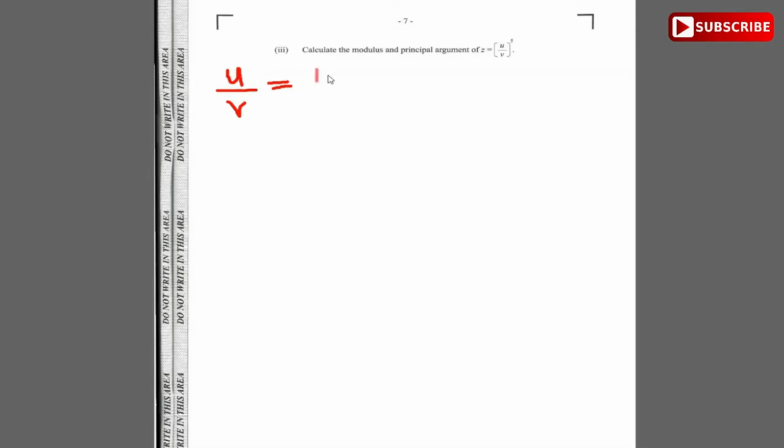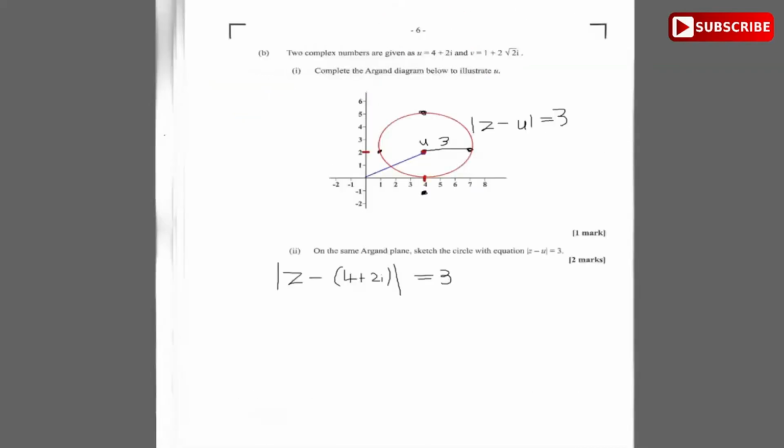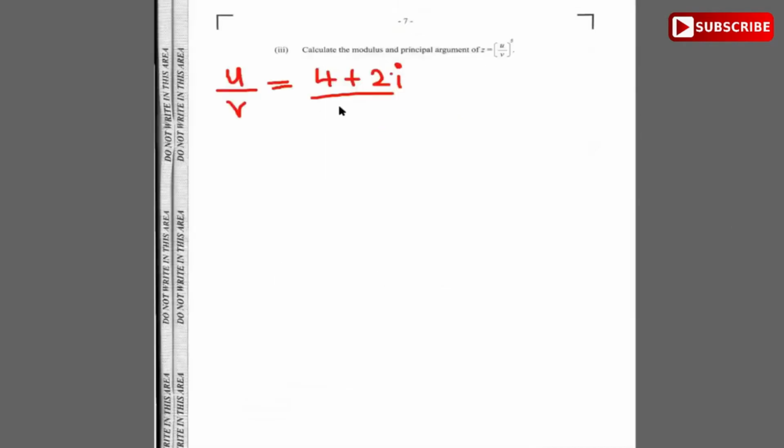Remember, u is 4 plus 2i. Let's check what v was again. Going back, v is 1 plus 2 root 2i.